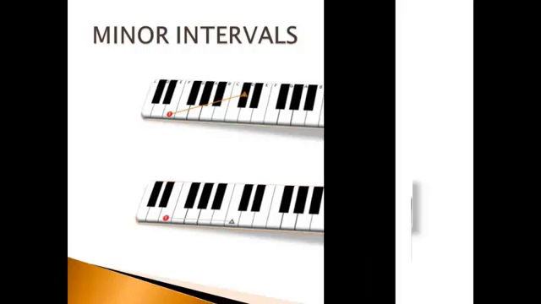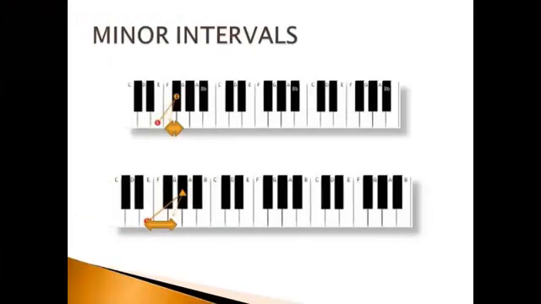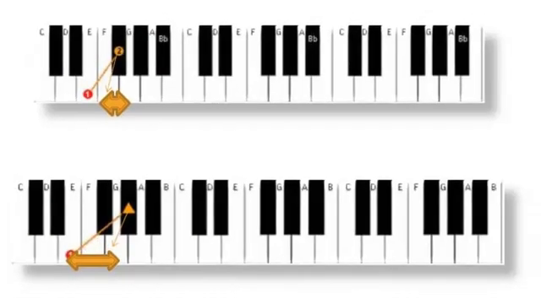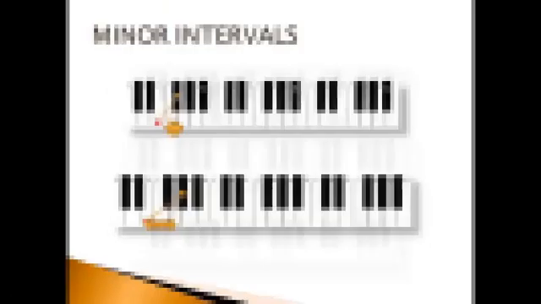Our next example is E to F sharp. In the key of E major, F is supposed to be sharp, so E to F sharp would be a major second. E to F would be a minor second. So that's another example of the minor second being from a white key to a white key.